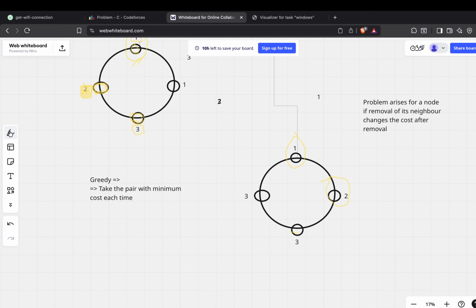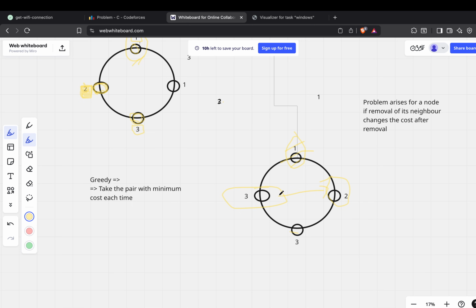Now let's understand with this particular 3. After removal, what happens is this particular 1 gets removed, and this 2 becomes the neighbor of this 3.